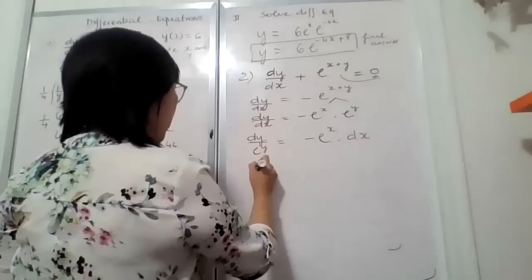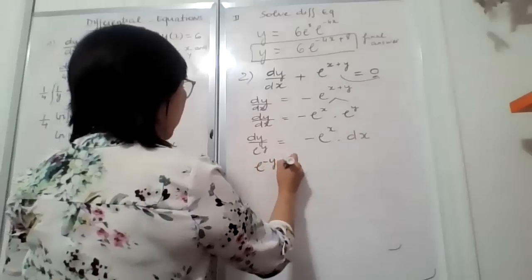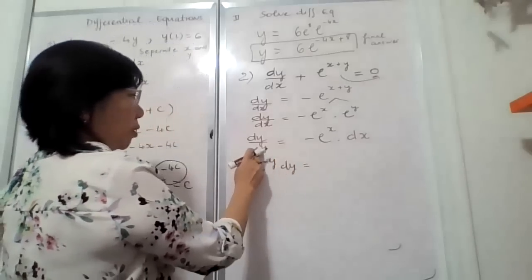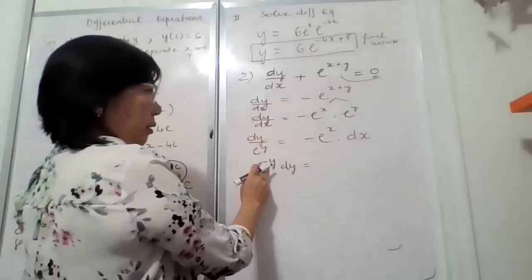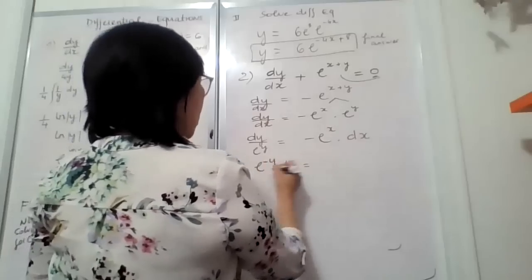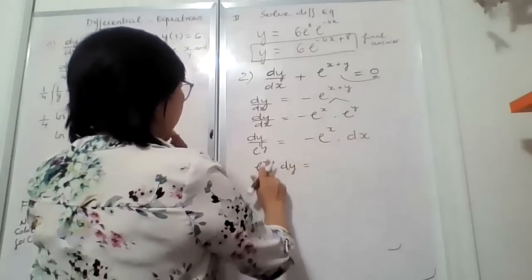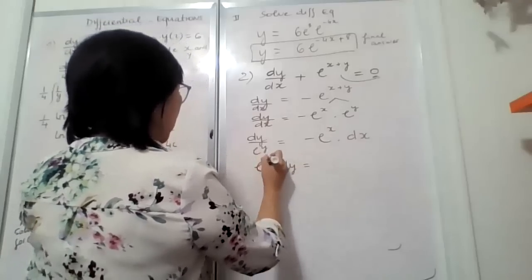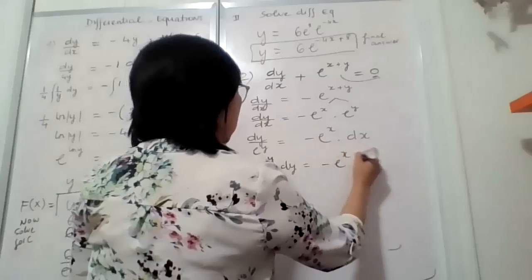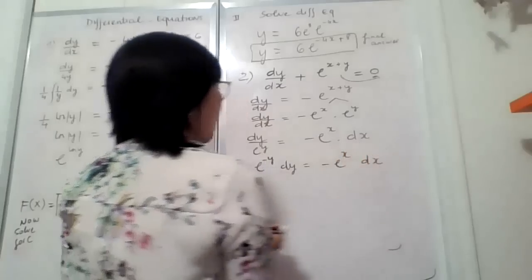So now I'm going to bring this up. So e to the minus y dy will be equal, right? This is positive. When I bring it up, it becomes negative, right? That's a negative power, right? So e to the minus y dy equals minus e to the x dx.